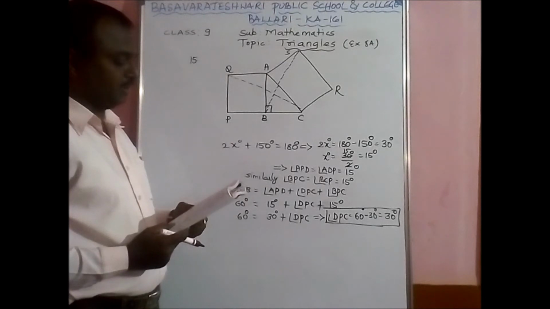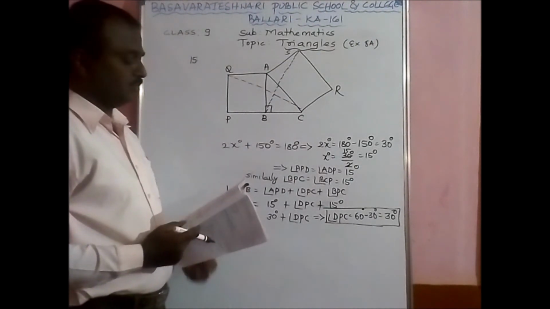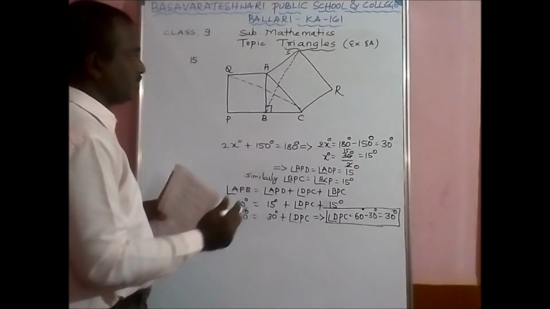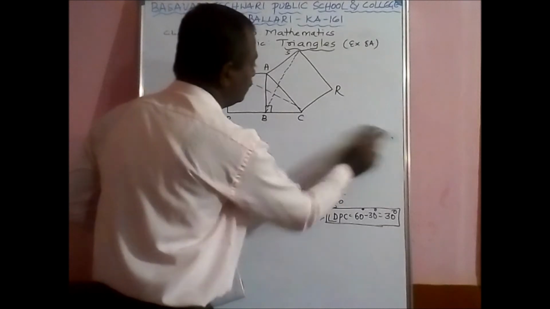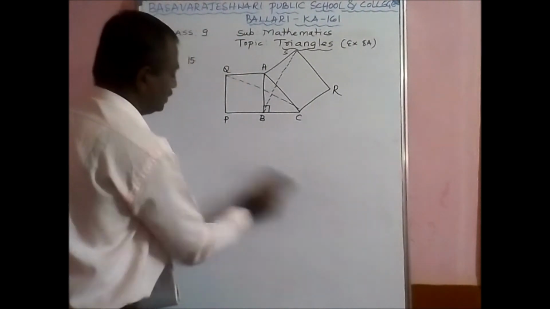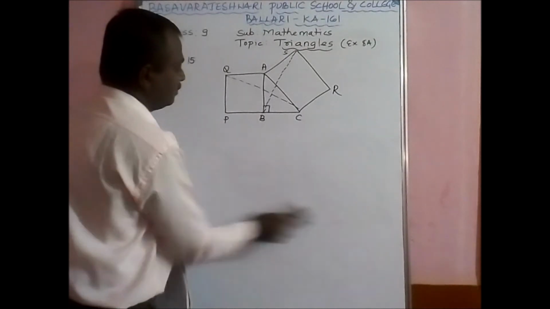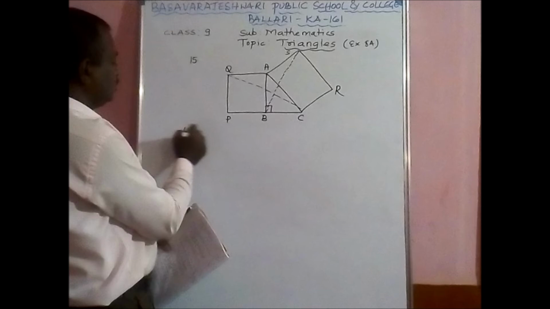Next, if ABPQ and ACRS are squares, these two are squares, prove the first point. So what do you have to prove?